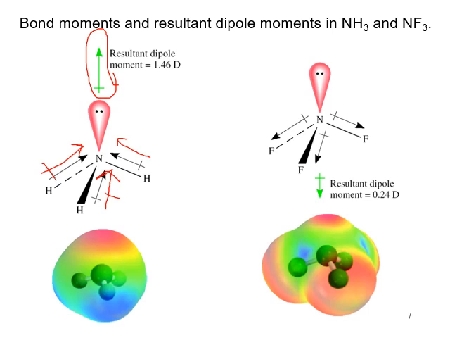And the nitrogen, it's the same thing over here, nitrogen to fluorine, but you'll notice in between hydrogen and nitrogen, nitrogen was more electronegative, so the bond moment pointed towards the nitrogen. In the nitrogen trifluoride over here, the fluorine is more electronegative than nitrogen, so the arrows have switched themselves. So now they're all pointing in the direction towards the fluorines, and they all add up to make the overall dipole moment point down here.